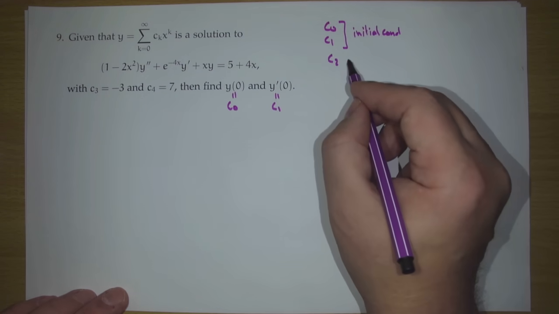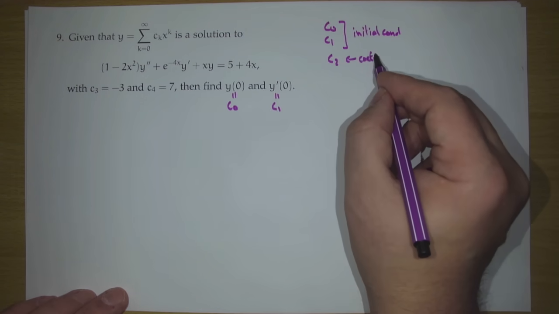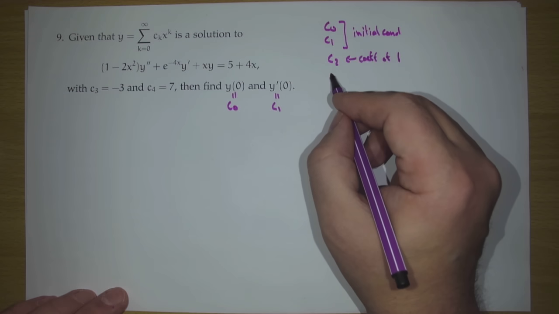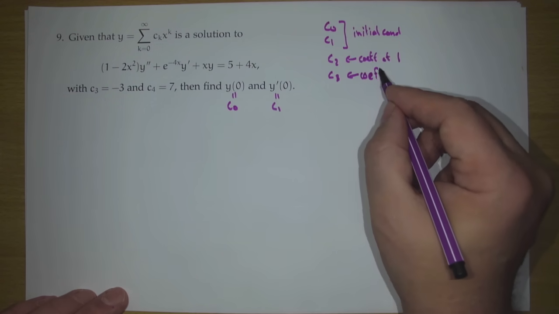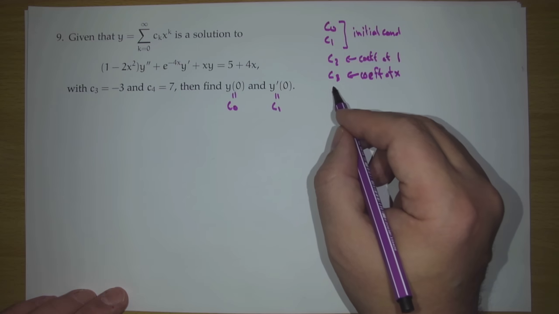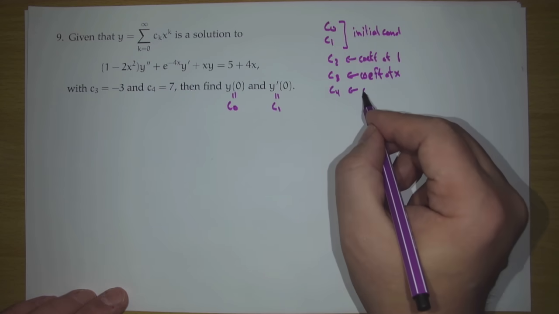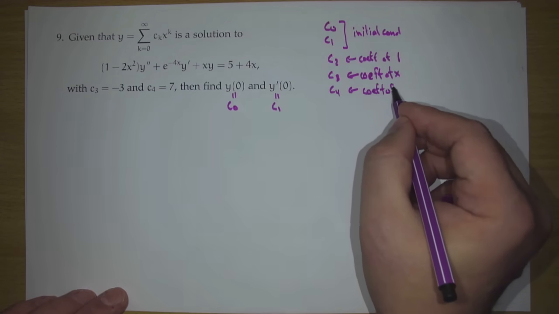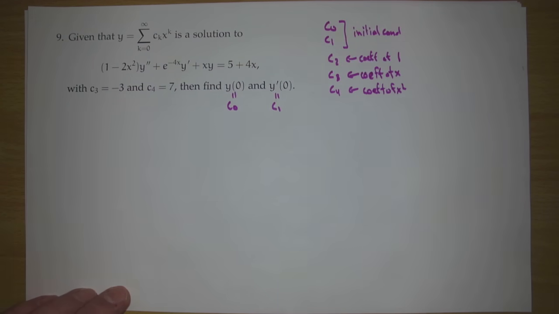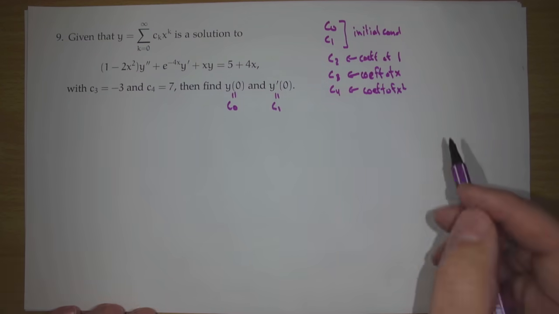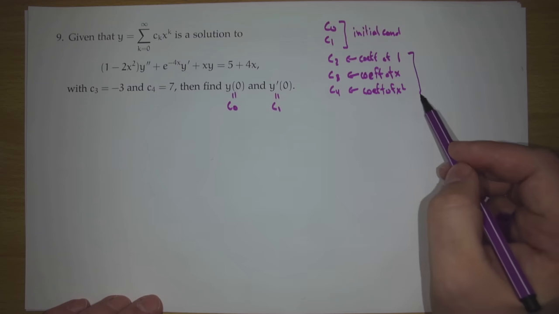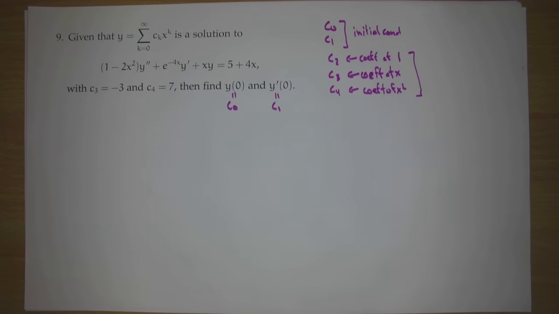Then the next one would be the coefficient of 1. C3 would be the coefficient of x, and C4 is the coefficient of x squared. Because we have information about C4, where do we want to go? We want to look in this range of 1, x, x squared. Other than that, the game's the same.